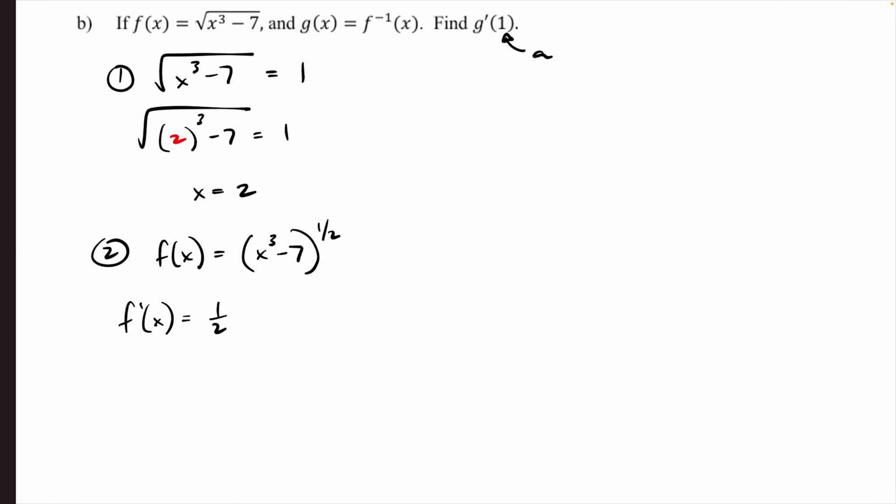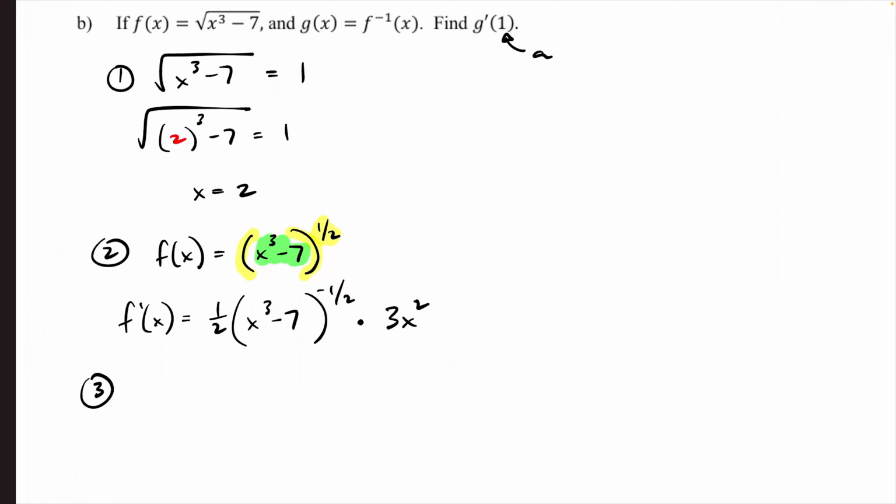Move the 1/2 to the front, rewrite, subtract one from the power, then chain the derivative of the inside. So we had the derivative of the outside, which is something to the 1/2 power, and then the derivative of the inside, which is 3x squared. That was step 2.